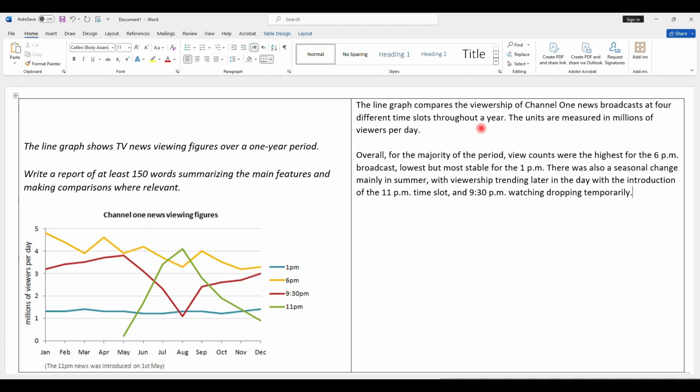Alright, as you can see, this is pretty much everything we talked about when we were analyzing the graph. There is no specific number, just a summary of the important things that happened. It also talks about the entire graph, not just the highest and lowest numbers. Now we have 2 more paragraphs to write.